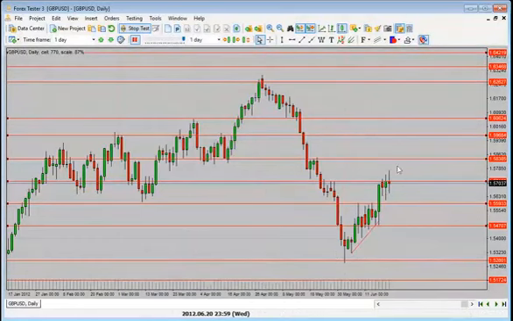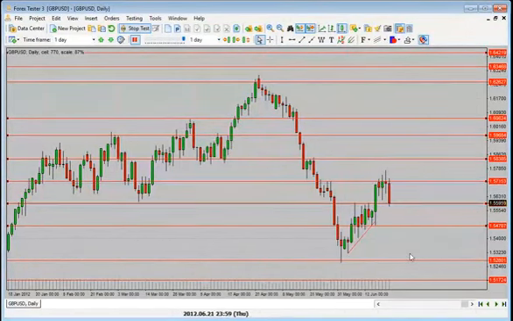Overall bias is still bullish, but I think it could come back down into this and do kind of like a sideways move here. So we'll have to see where price closes in relation to this area, because this is an important area where price had reacted previously. So here I'd be looking for a bit of a drop into this level, and if it holds above, then we could see a continuation to the upside.